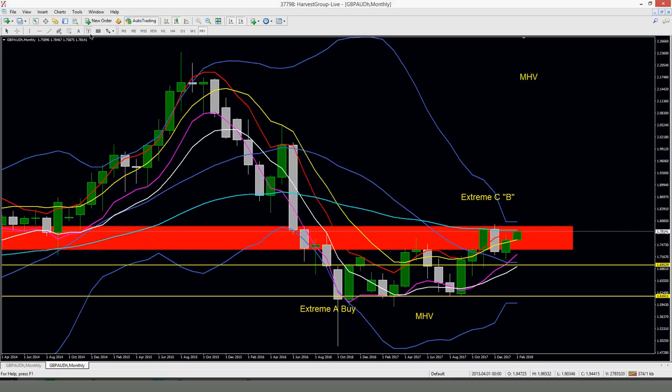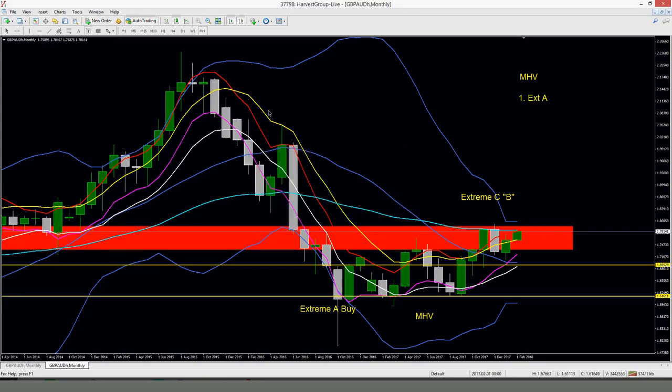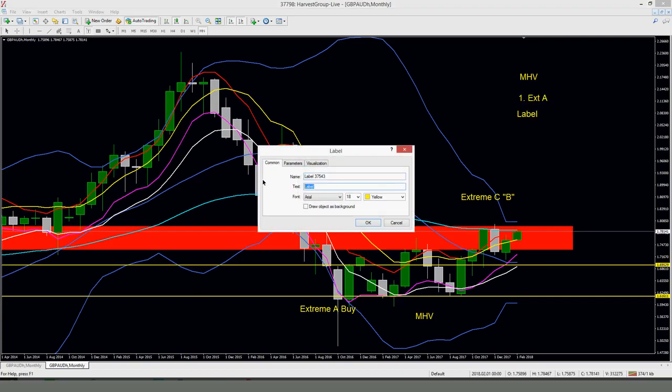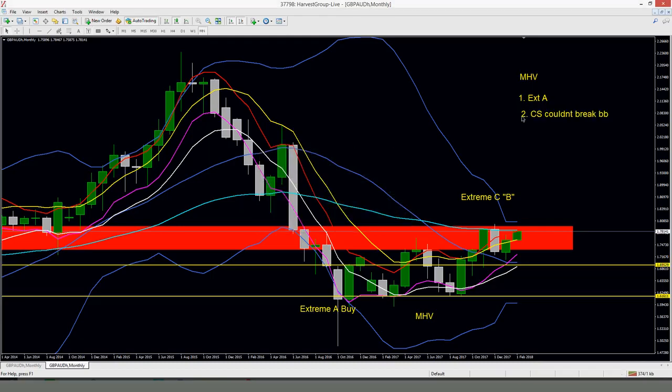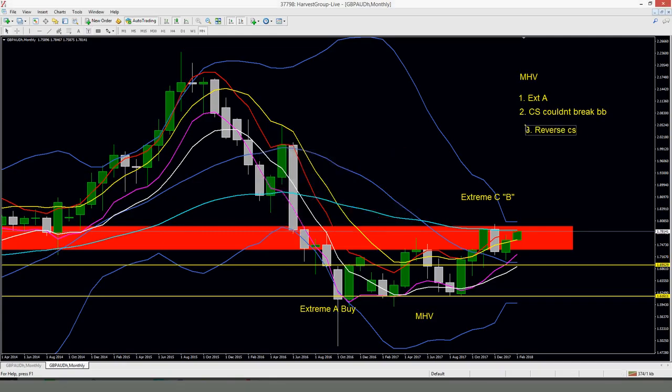The first one is extreme A. And then the second one, you have a candle that couldn't break BB. So that's this number 2 over here. And then you have reverse CS.